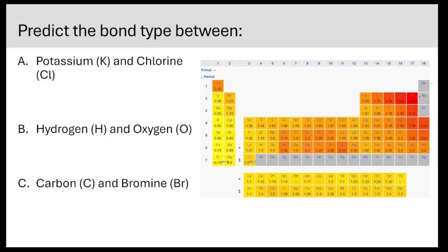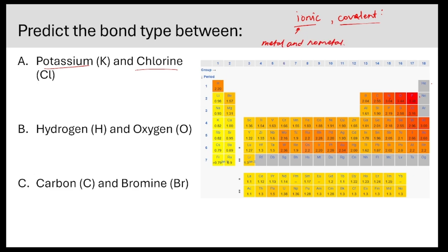When we defined ionic bond and covalent bond, we defined ionic bond as a bond between a metal and a non-metal.